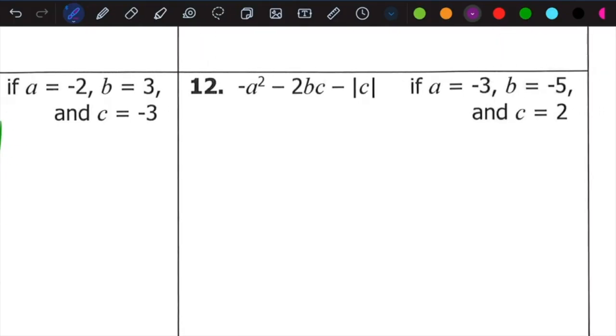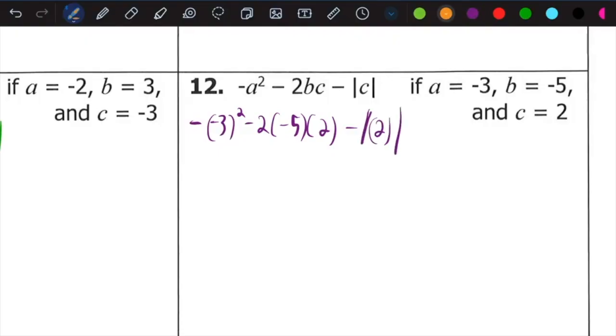Number 12, plugging in negative 3, negative 5, and 2 instead. So we have negative of negative 3 being squared minus 2 times negative 5 times 2 minus the absolute value of 2.